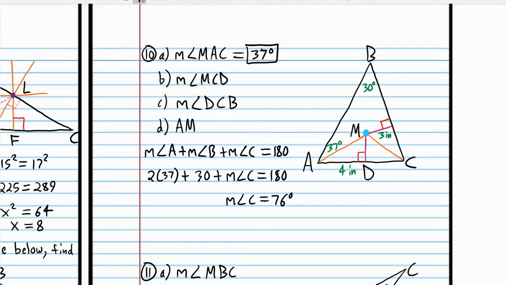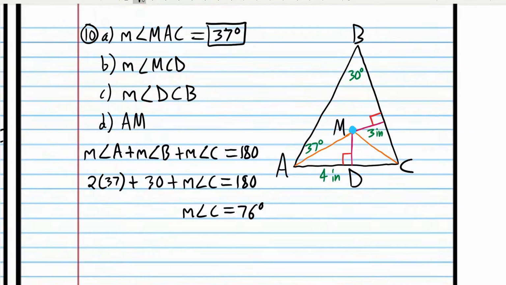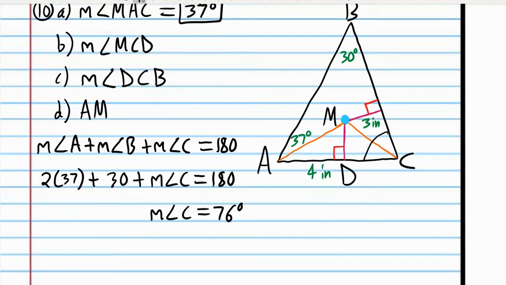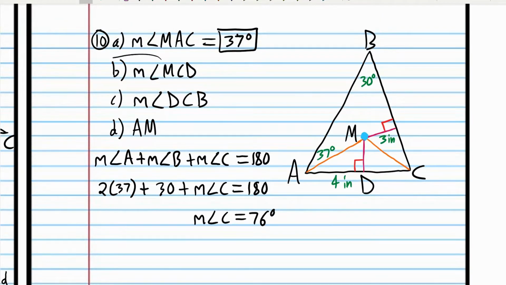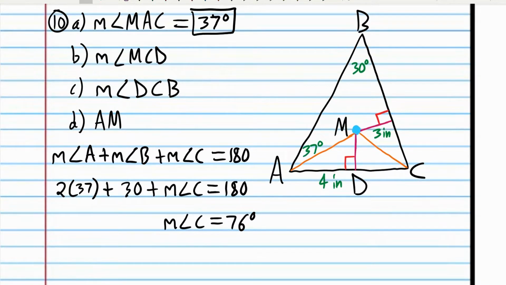Just double checking that math. So we found the measure of angle C, which is this entire angle, but we don't want the whole angle. We just want DCB. Actually, wait a second. We do want the whole angle. Oh, sorry about that. Wait, no, we're on part B. Sorry, I thought I was on part C. We want MCD. So that's this angle here.